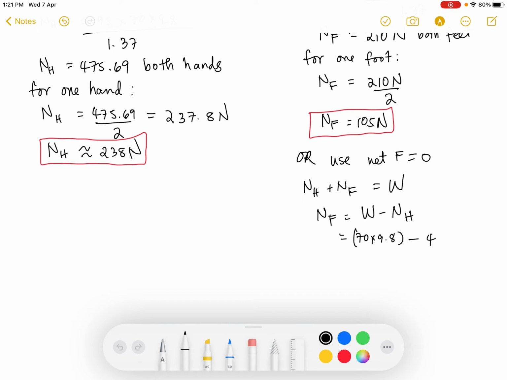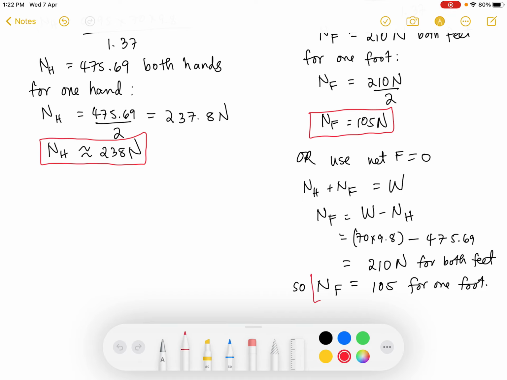Use the NH for both hands, and you should get 210 still. And still, that's for both feet. So NF is equal to 105 for 1 foot. So you see that you get the same thing by doing net force.